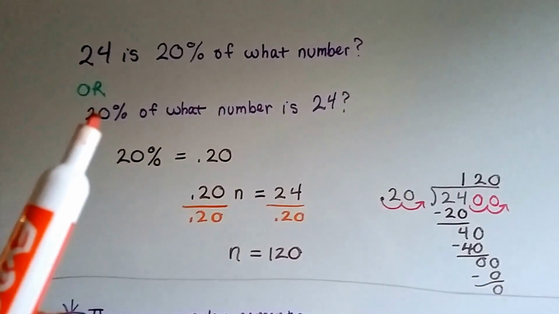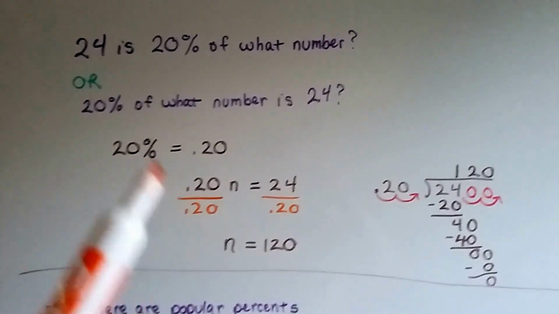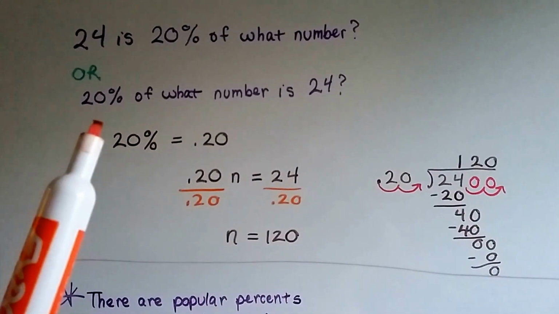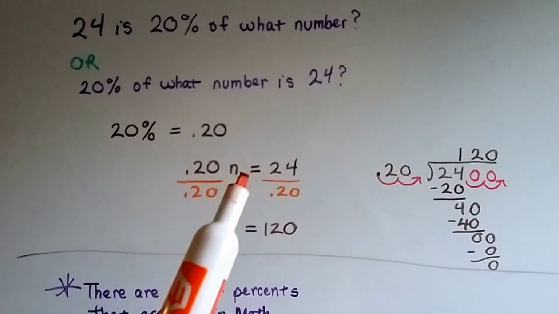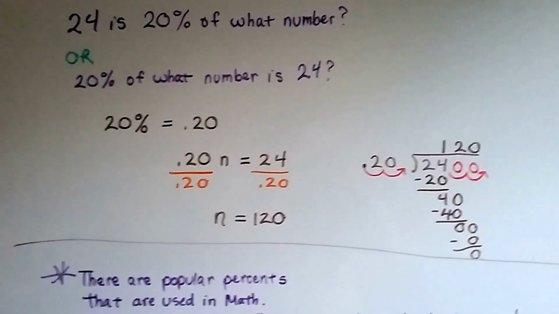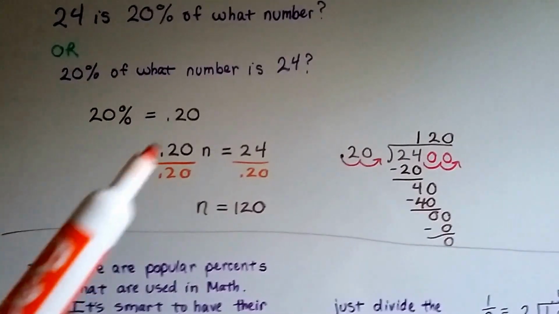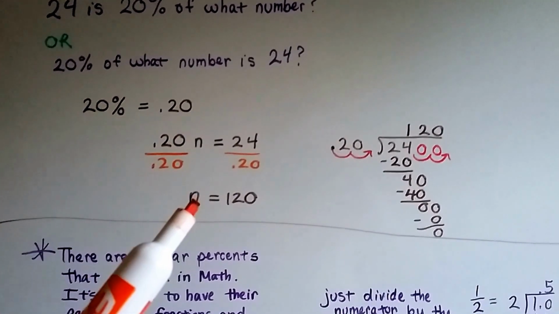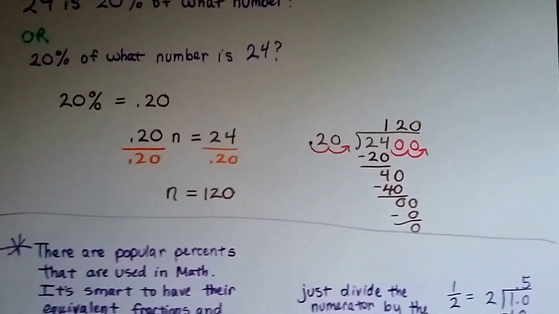It would be 0.20n, and the "is" is the equal sign. 0.20n equals 24. We can divide both sides by 0.20 to make this turn into our friend the invisible one because of the identity property. So that's just an n.